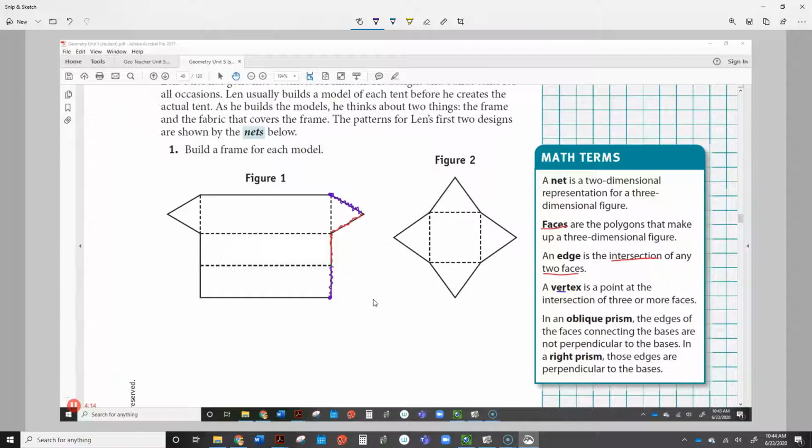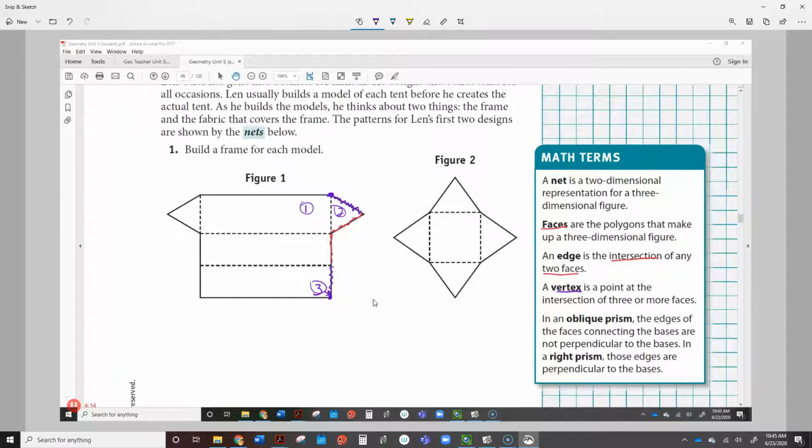Now a vertex is a point where three things meet. So I claim that this right here will be a vertex. What are the three things that are meeting? Well, this rectangle will meet with that triangle, will meet with this rectangle, because this is going to fold over and I'm going to connect them right there.